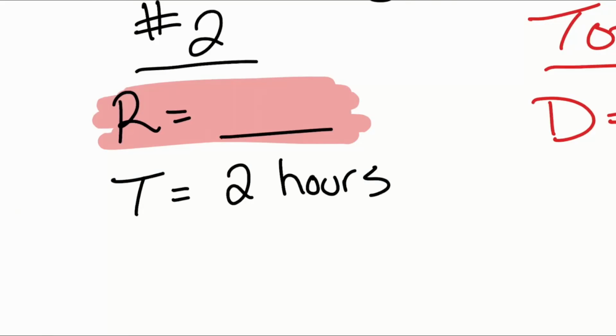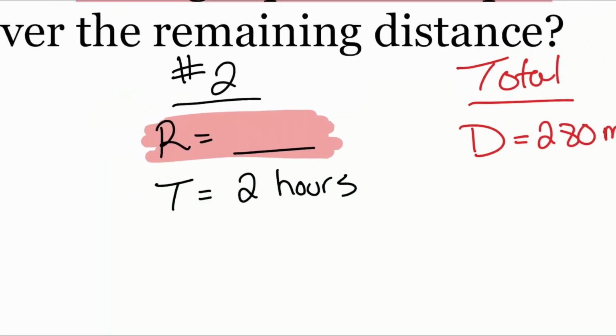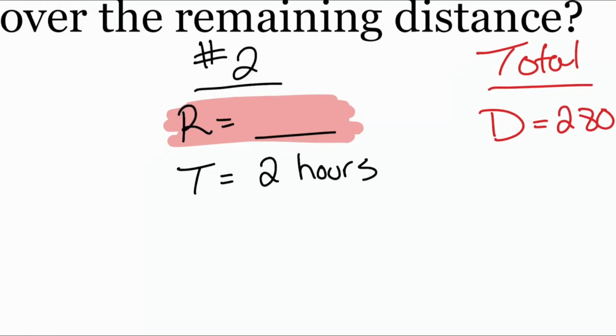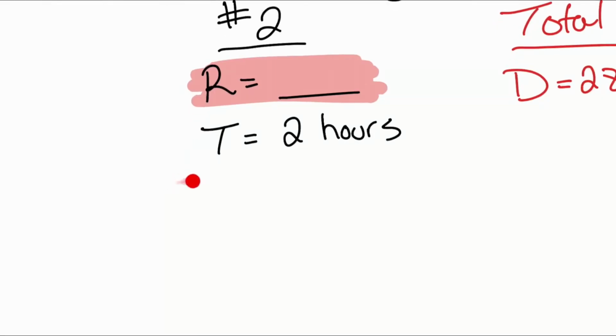Now, everybody, check me out. Look at what I'm doing here. I only care about the rate for the second leg. Now, remember how we talked about the consistency that's needed behind the formulas. Remember, we got to be consistent. So if I'm focusing on this formula, while I'm looking for the rate, I do have the time. What do I need to be able to solve for the rate? What extra piece of information am I missing to get that rate by itself?